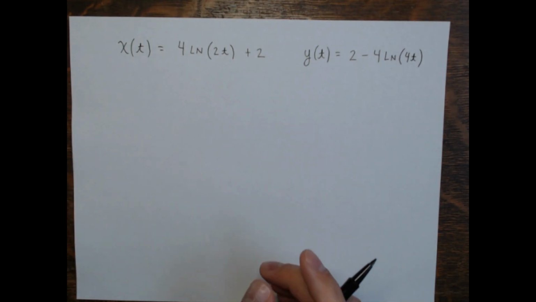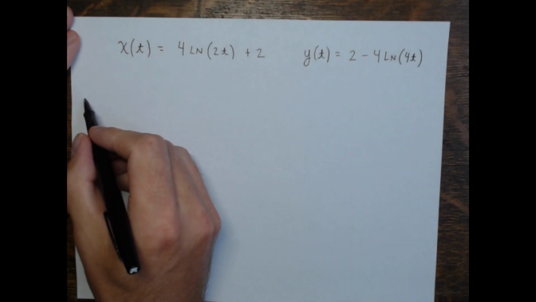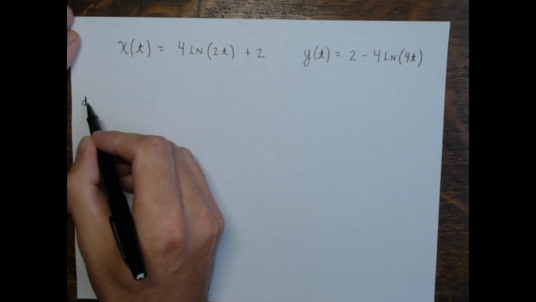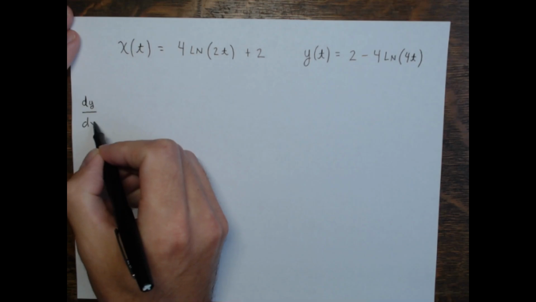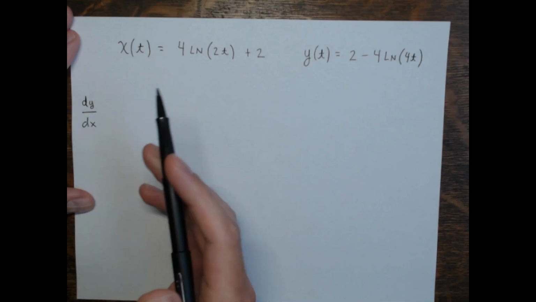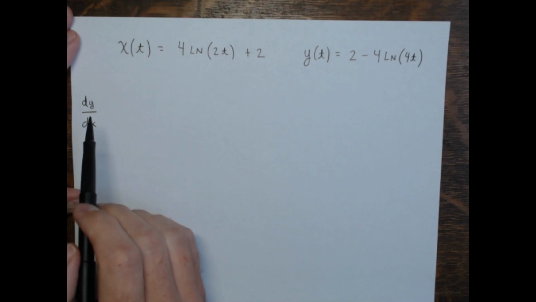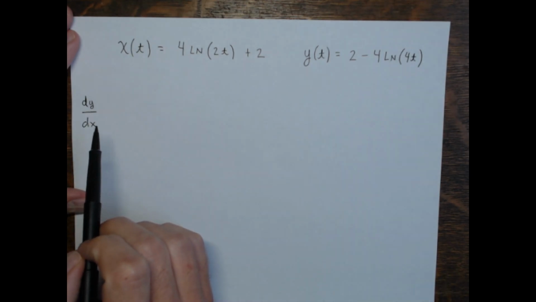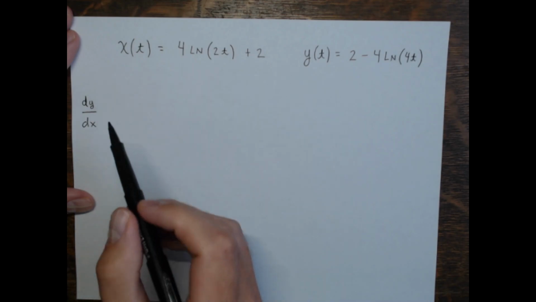Okay. So, when we're finding the derivative of our curve, dy over dx, or y prime of x, this represents the slope of the tangent line to whatever curve on the xy plane these represent.